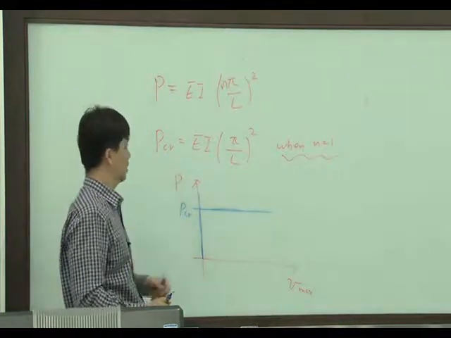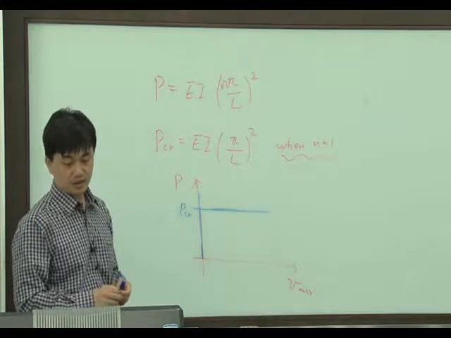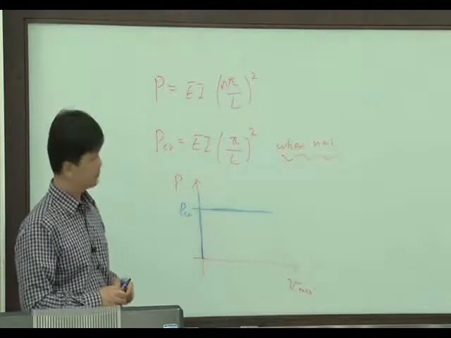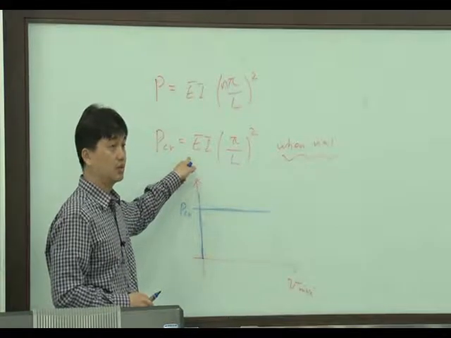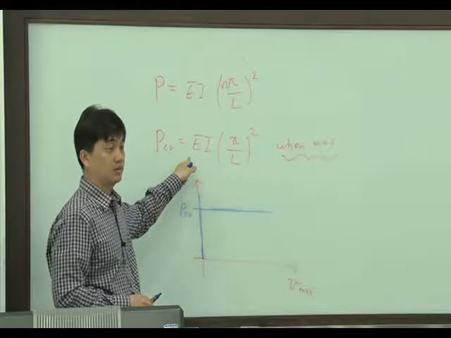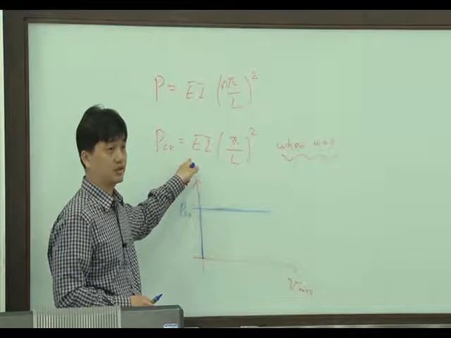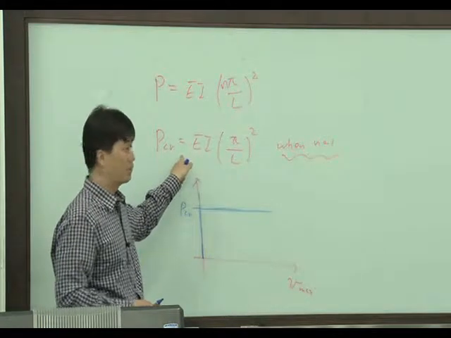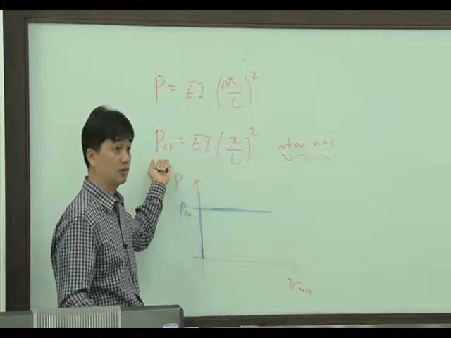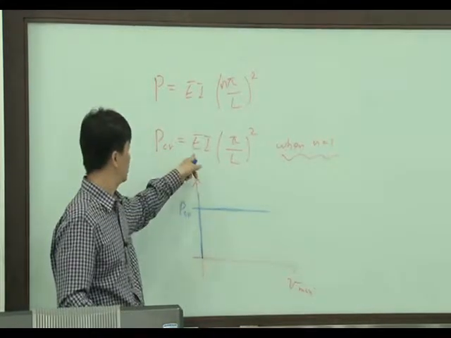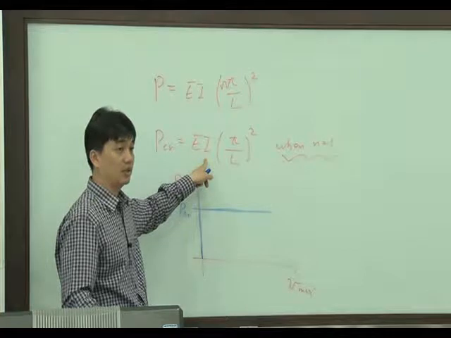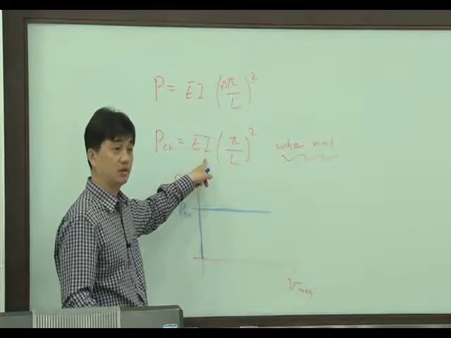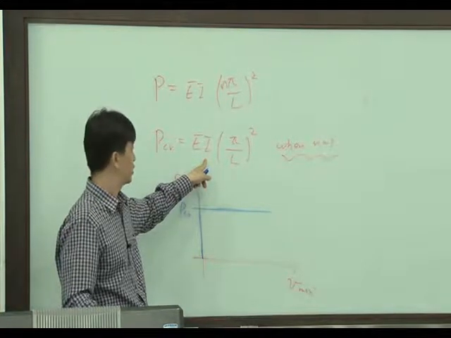And what is really interesting here is that PCR doesn't depend on strength. This is a failure load, again, understand? It depends on Young's modulus and I, the second moment of inertia. It's from the geometry.